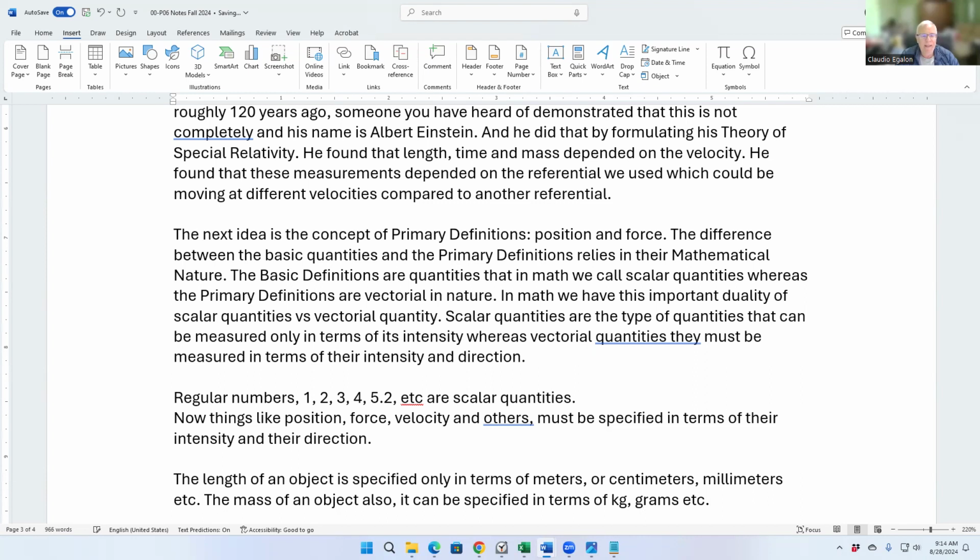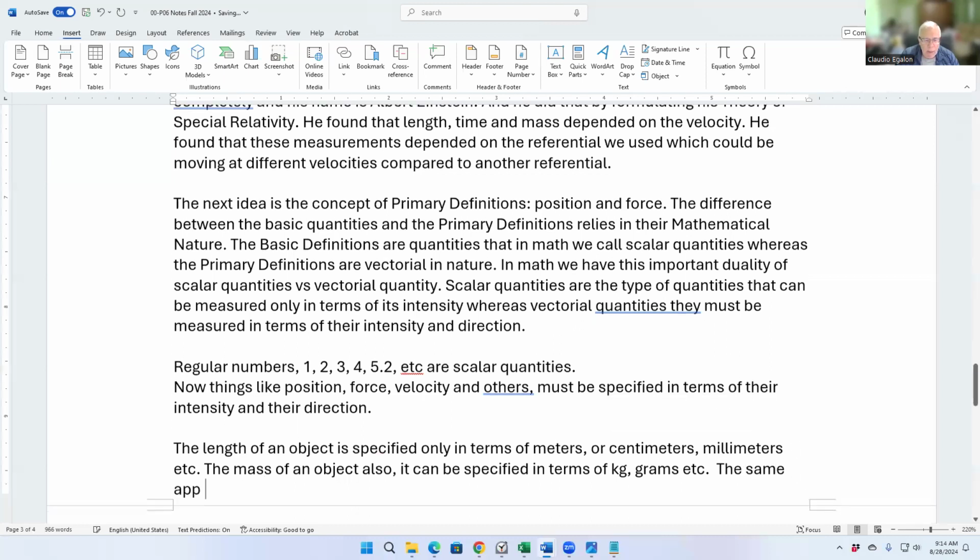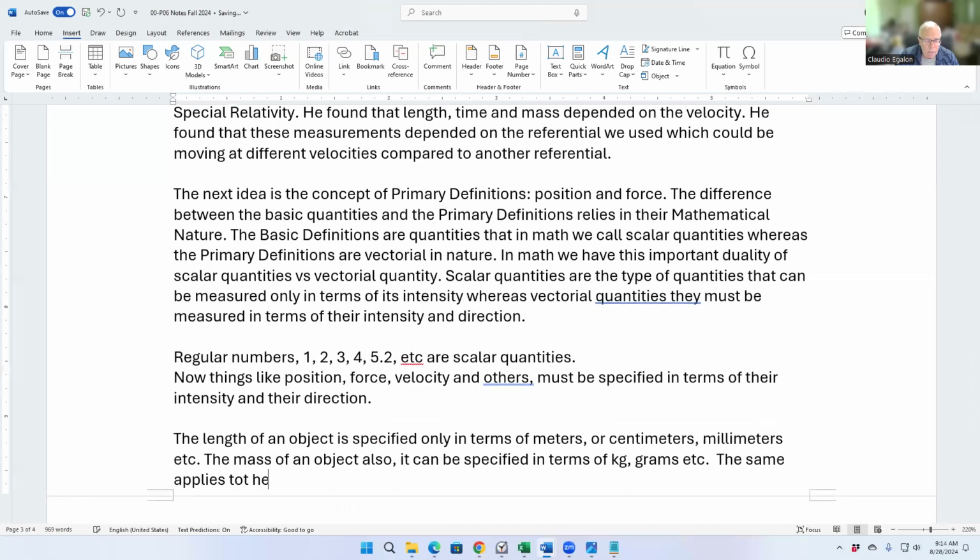Etc. And so it is, the same applies to the other basic quantities.